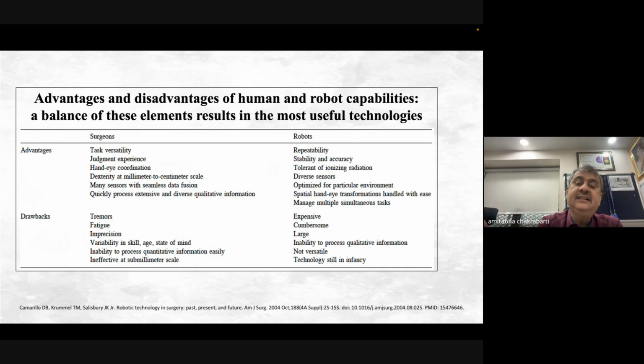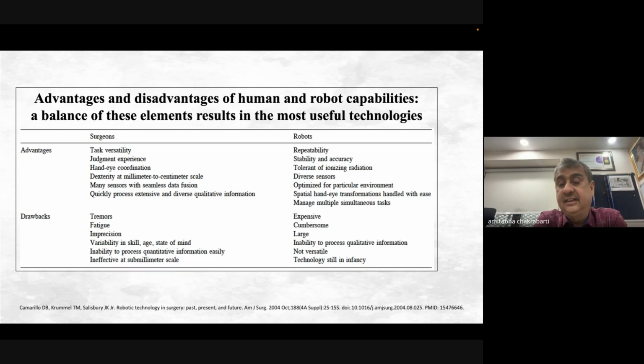From the surgeon's side there are plenty of advantages: versatility of tasks, experience, hand-eye coordination, dexterity, and the ability to quickly process extensive, diverse, qualitative information. But there are drawbacks as well: tremors, fatigue, imprecision, and being ineffective at sub-millimeter scale.